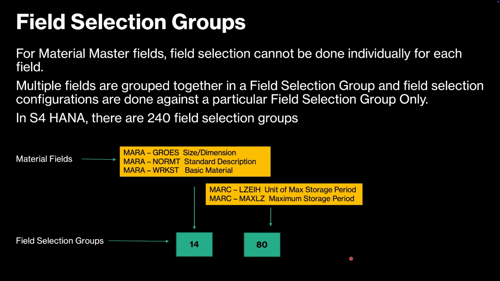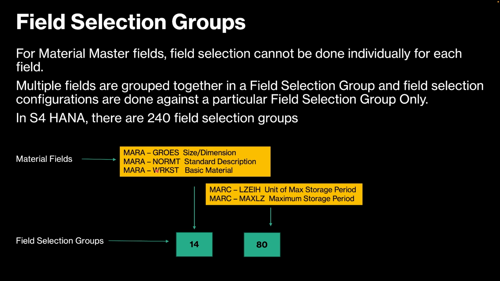So fields which are of similar nature have been combined in something called as field selection group, and you are allowed to configure the field selection against this field selection group only. Okay, so you cannot do field selection for an individual field. What you can do, you can find out the field selection group to which that particular field is assigned, and then you can do the field selection for that particular field selection group only.